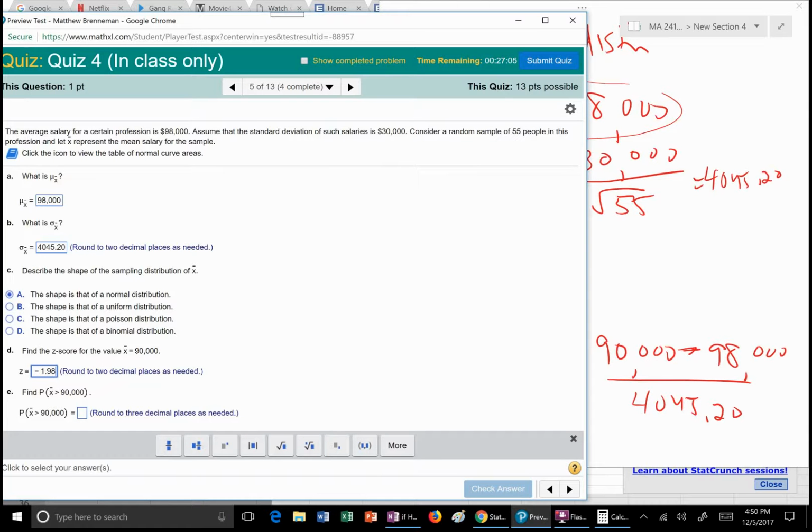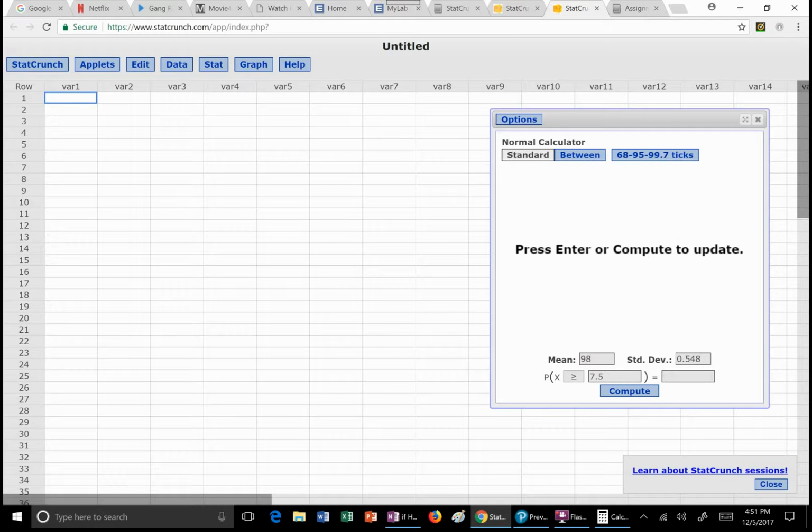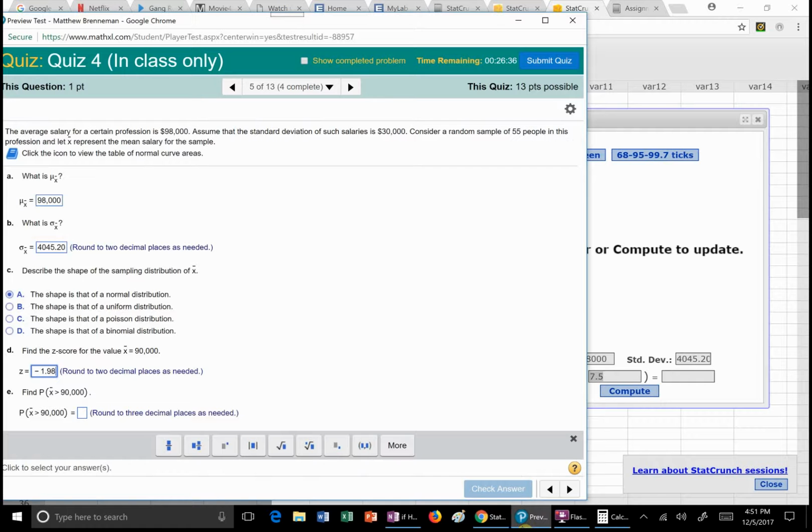Okay. The probability that x bar is greater than 90,000, I can do that with the z-score. I'd rather do it in StatCrunch. Okay. So the mean is 98,000. We said the standard deviation was $4,045.20. And we want to find the probability that we are greater than 90,000.